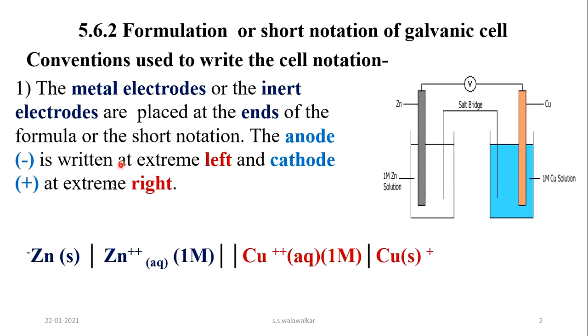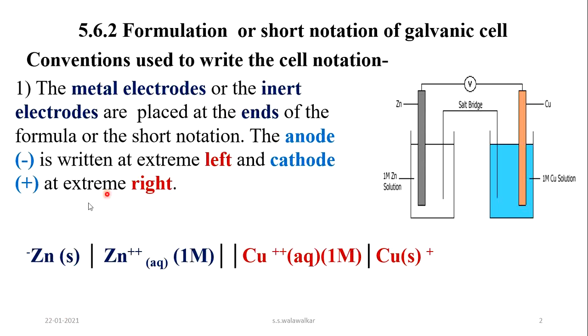Here zinc is there. You have to write the physical state of that zinc metal, that is zinc solid, and copper rod, which is written on extreme right hand side. Copper acts as a cathode, and zinc acts as an anode.